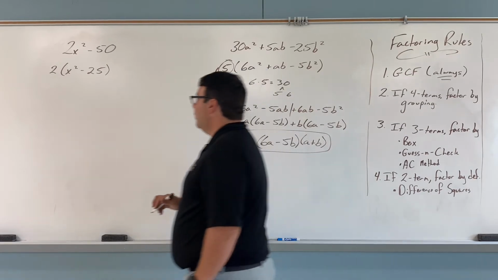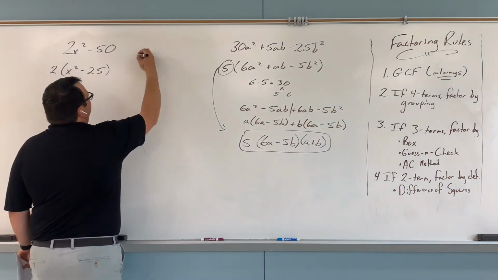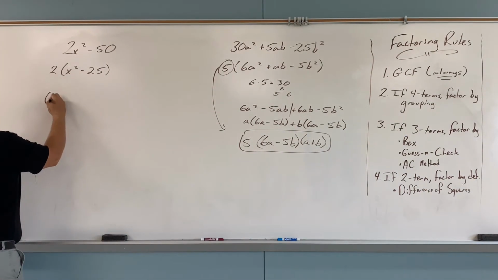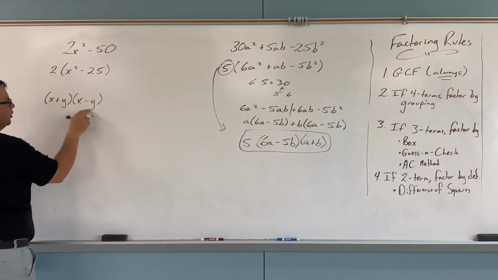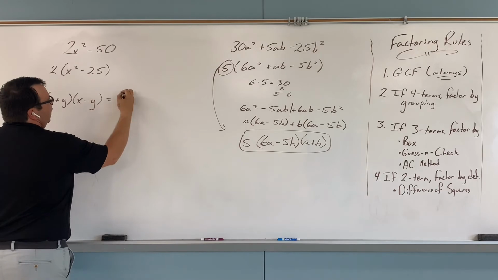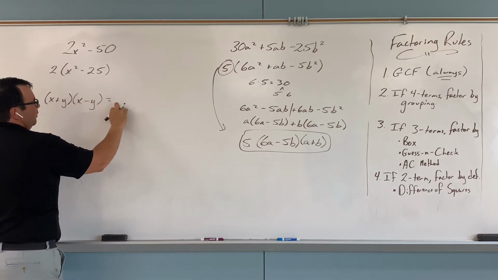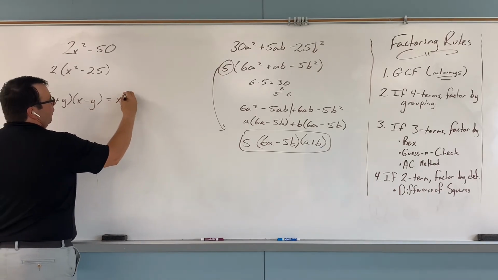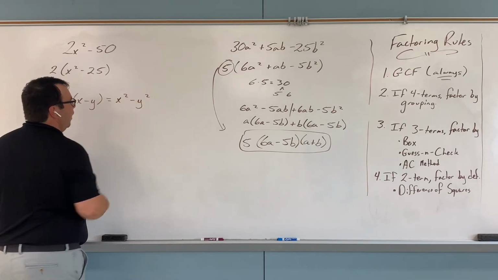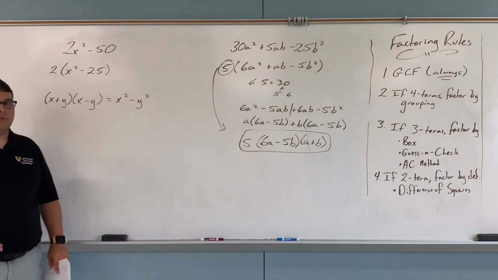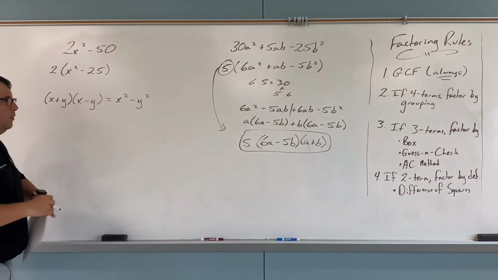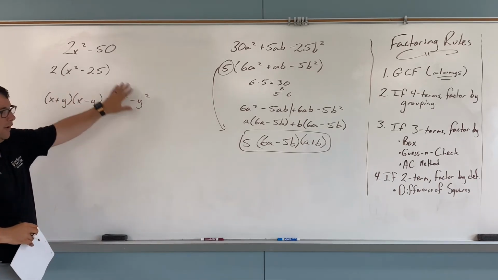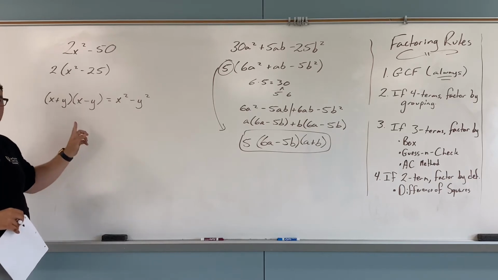Just as a quick reminder, the difference of squares says that if I have x plus y times x minus y, conjugate values, then I get a solution through multiplication of x squared minus y squared. However, we are math ninjas. This is what we do. Wax on, wax off. You can go backwards.